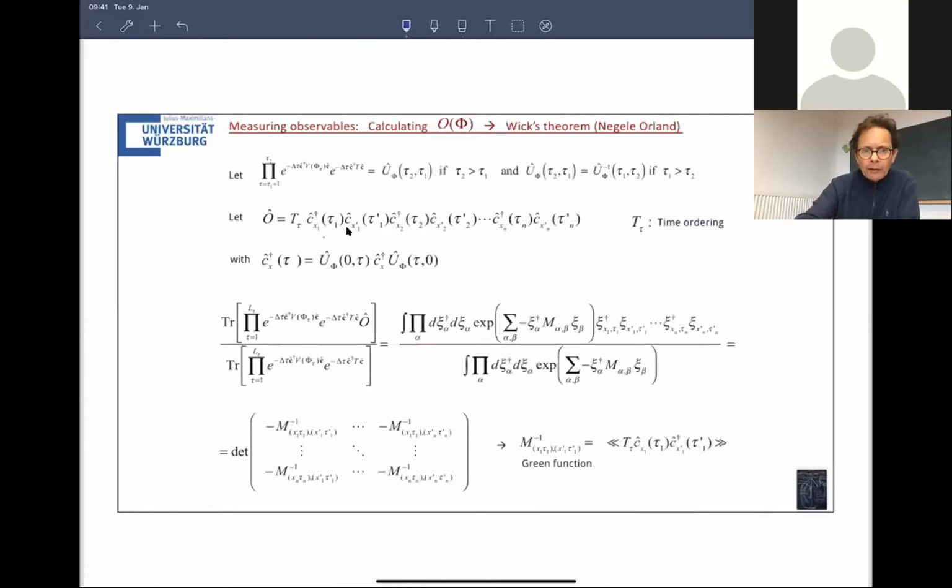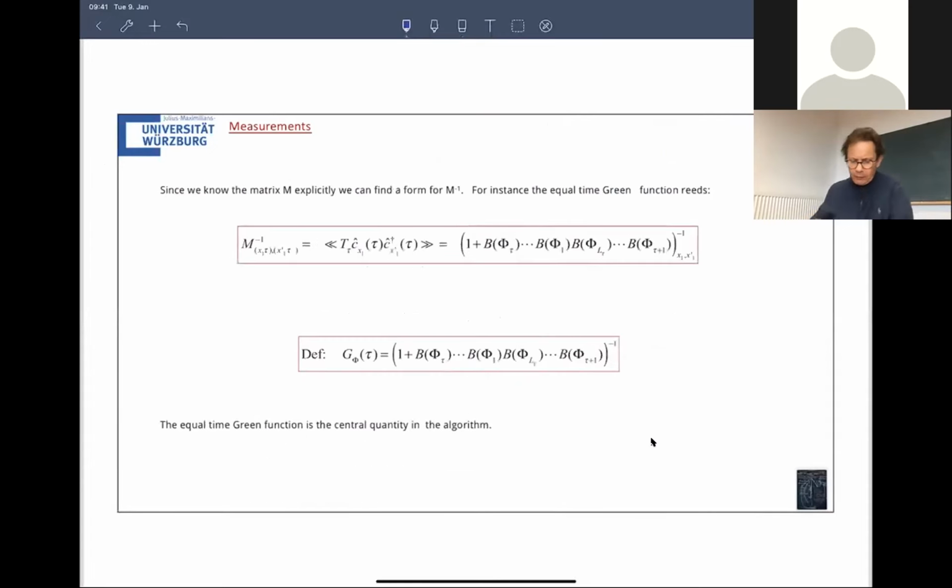If you do the calculation for n equals 1, then you show right away that the determinant is only for one entry, and that this M minus 1 is just the Green's function. So one of the basic quantities in the code is what we call the equal time Green's function on a given time slice, right?